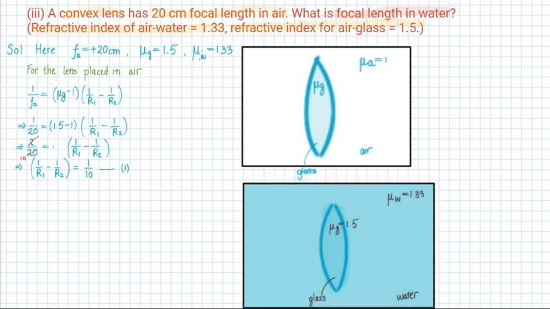Fine. Now I've taken this glass surface and put it inside the water. Now here, what is the refractive index of the water given in the question? 1.33. Fine. And what is the refractive index of this glass surface? It is 1.5. Fine. So the refractive index of water is 1.33 and the refractive index of this glass surface is 1.5.